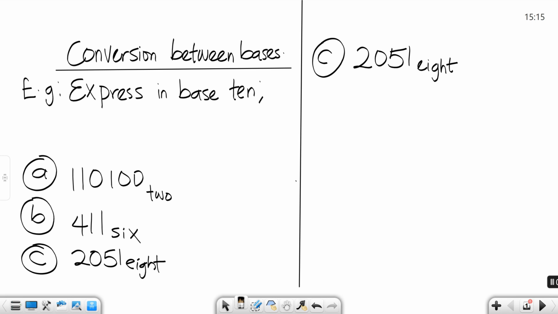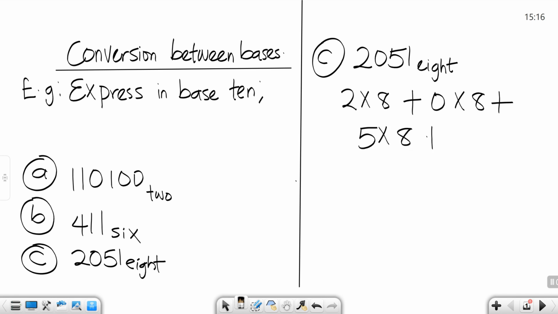So we are going to be multiplying 2 by 8, plus 0 with 8, which is the base, plus 5 multiplied by 8, and 1 multiplied by 8. The next step is to assign powers to the bases, starting from assigning 0 and moving from our right hand side to the left hand side.